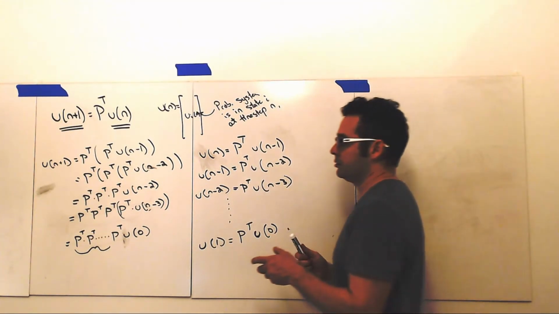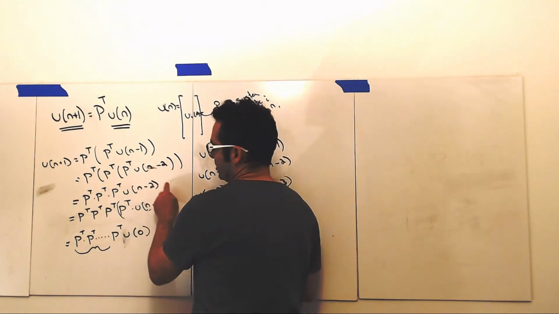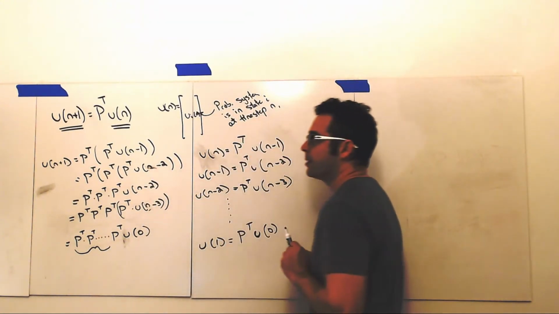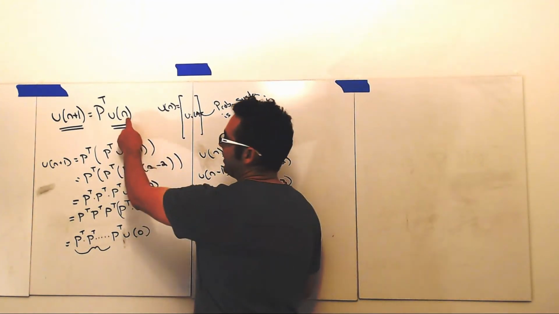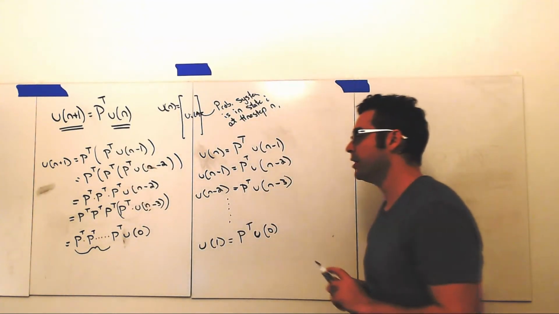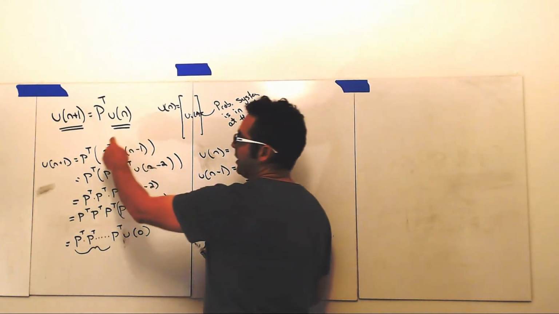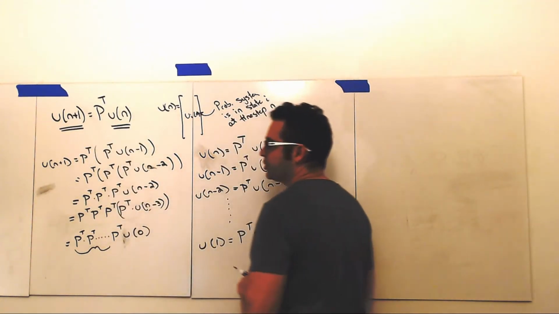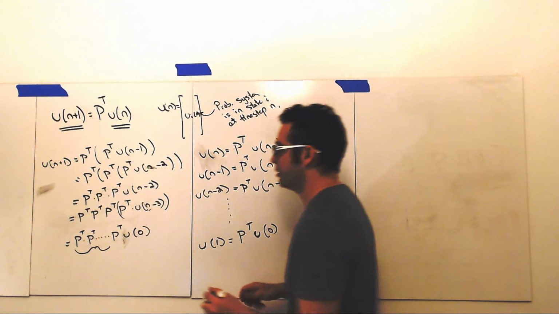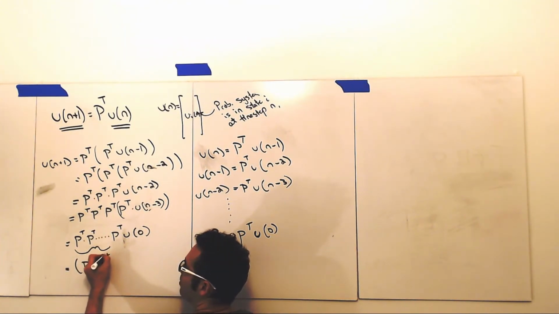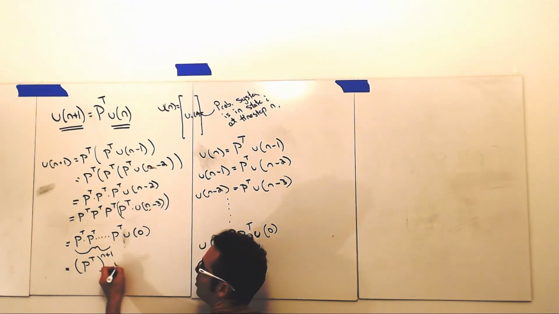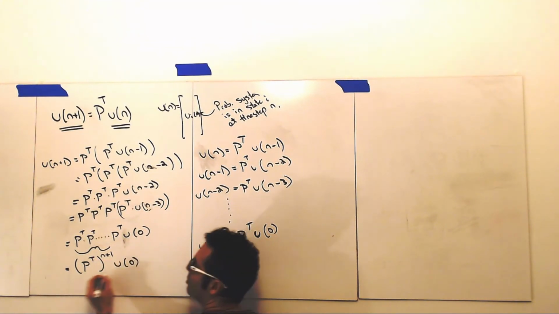So now we keep adding 1, and how many of these p's are we going to add? Well, we're going to add n of them. And so it ends up that we have n p's plus the original p that we started with. So one way that we can think about this is p transpose to the n plus 1 power times u0.